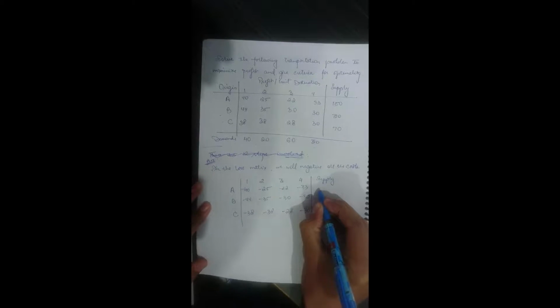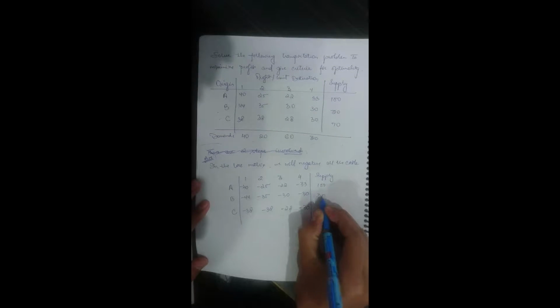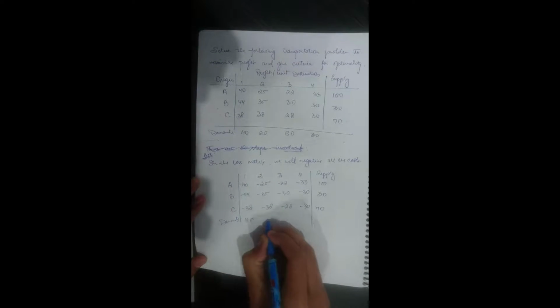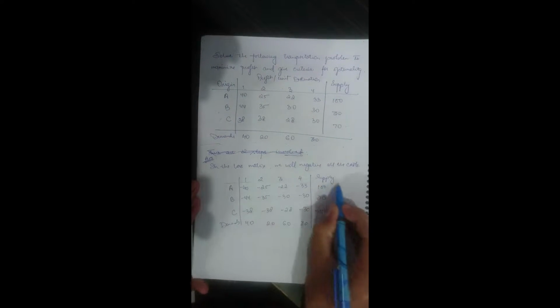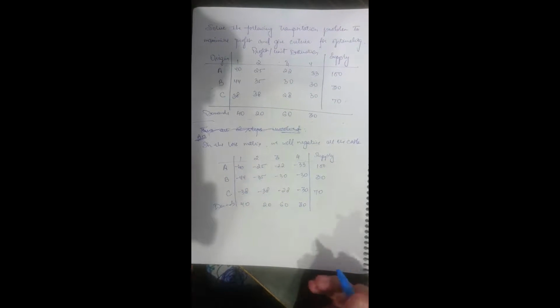The supply associated with each source is 100, 30 and 70, and the demands are 40, 20, 60 and 30. This is the loss matrix. Okay. So first of all we will have to check whether the matrix is balanced or not.